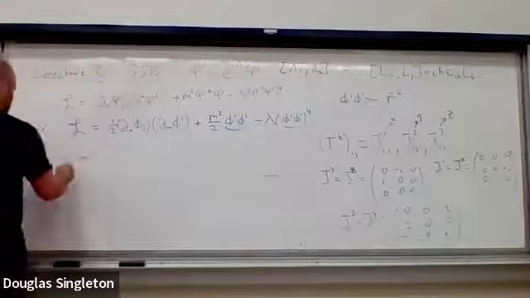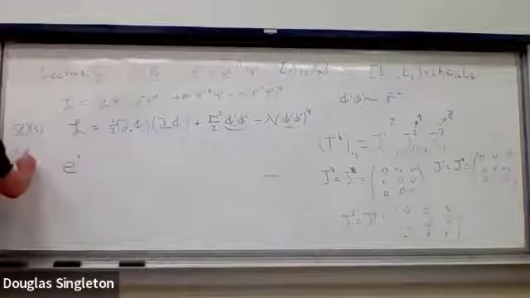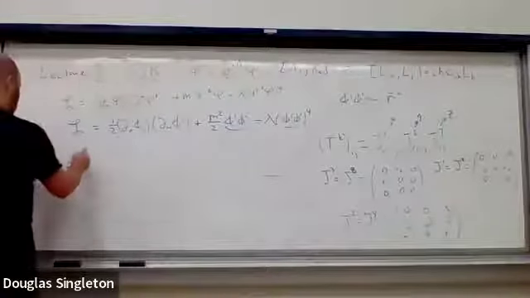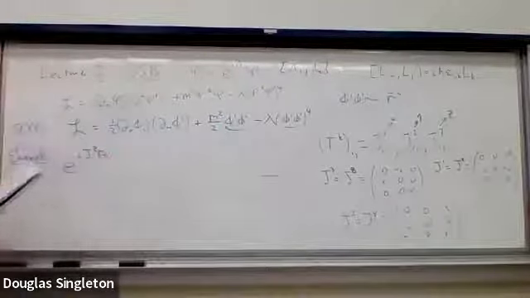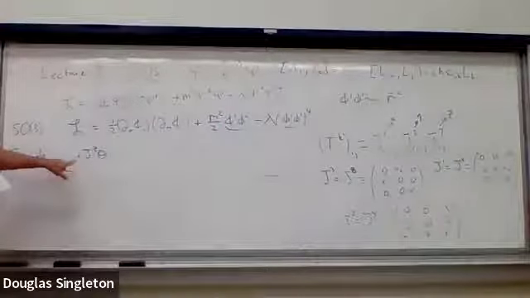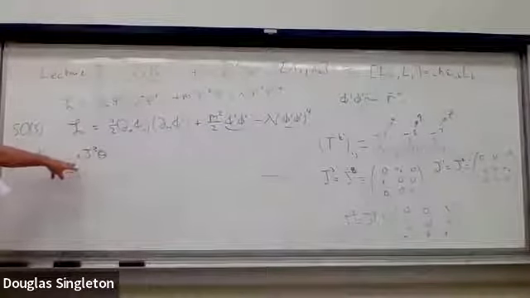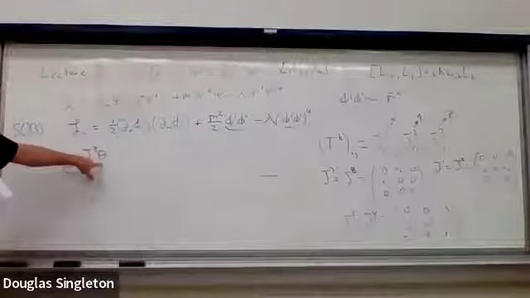So let's do this, my example. All right. So it's e to the i J_Z theta. Okay. Based on what I said, this should be a rotation around the z-axis by an angle theta.